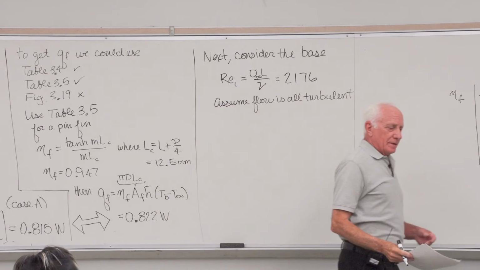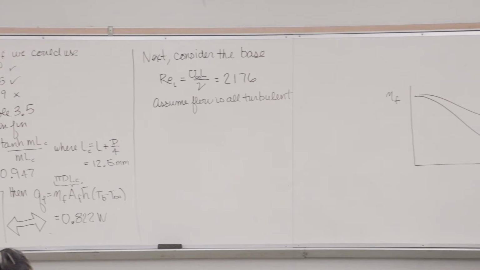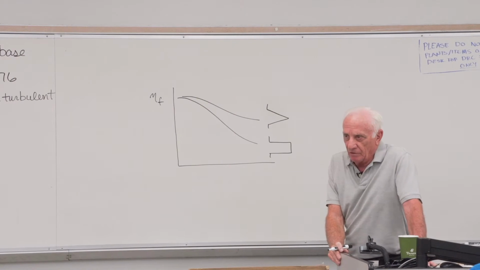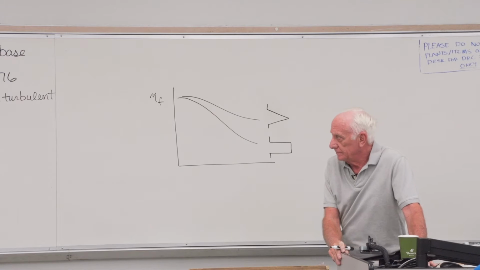You say, well, okay, chapter 7, is that less than 500,000, 5 times 10 to the 5th? Yeah, it is. Okay, if it's less than 5 times 10 to the 5th, is the flow laminar? I doubt it. I don't think so.